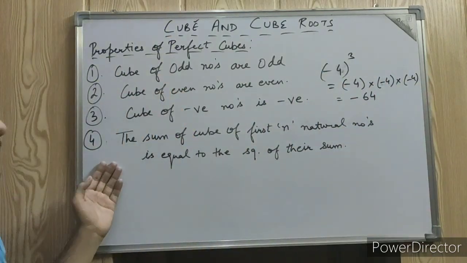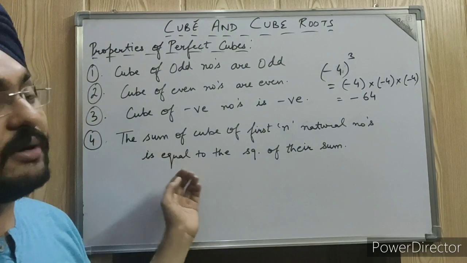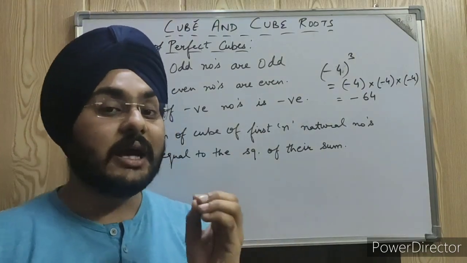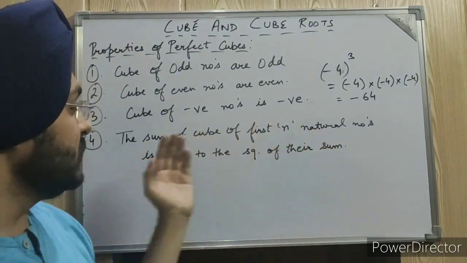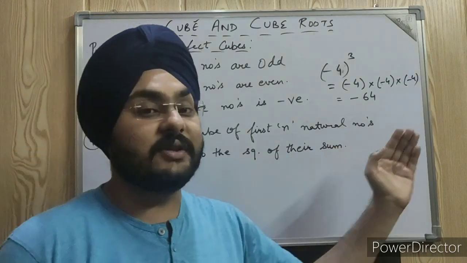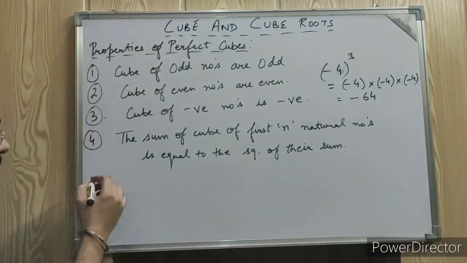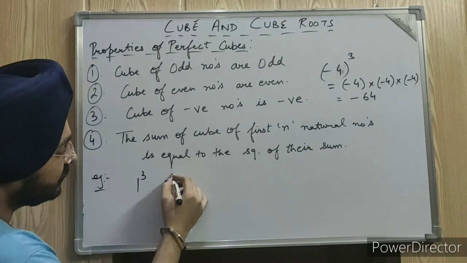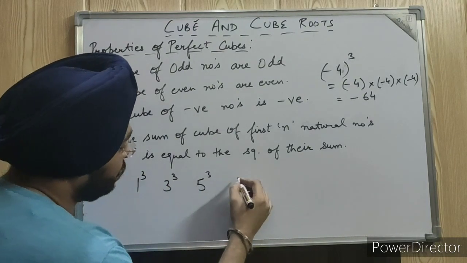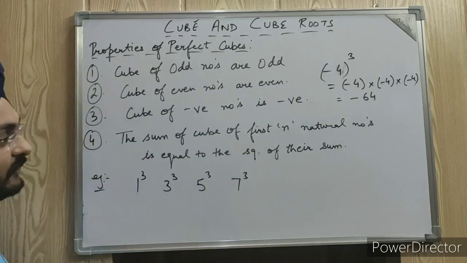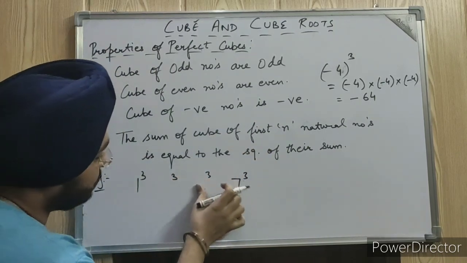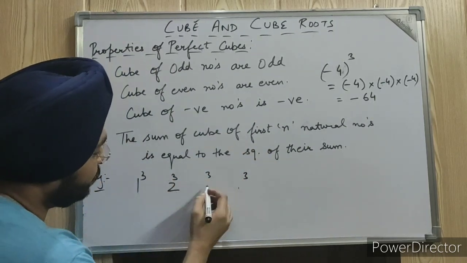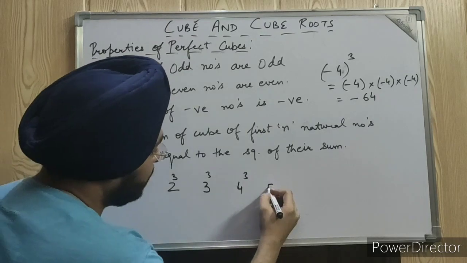Coming to the next property: the sum of cubes of first n natural numbers is equal to the square of their sum. Suppose I add 1 cube, 2 cube, 3 cube, 4 cube and 5 cube.